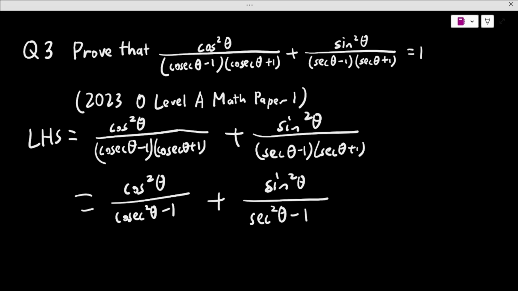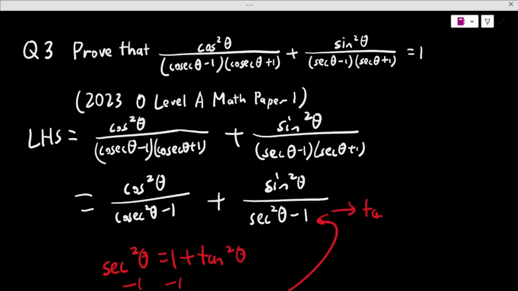Well, based on our formula sheet, we have secant square theta is equal to 1 plus tangent square of theta. If we subtract 1 on both sides, we get tangent square of theta is equal to secant square of theta minus 1, which is this thing right here. So this is just tangent square of theta.